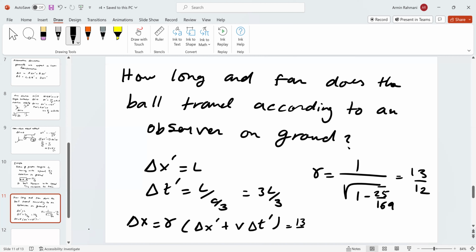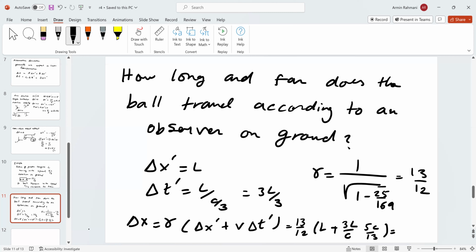13 over 12 L plus 3L over c, that's my delta t prime, and v, the velocity of the train, was 5c over 13. So what does that become?